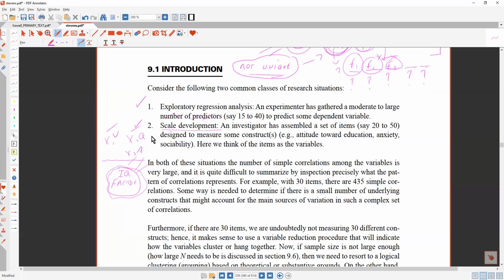One analysis I saw in a book once had a factor called the homework factor. Then they had your math homework, your English homework, and so on, the different variables, and the author called it the homework factor.